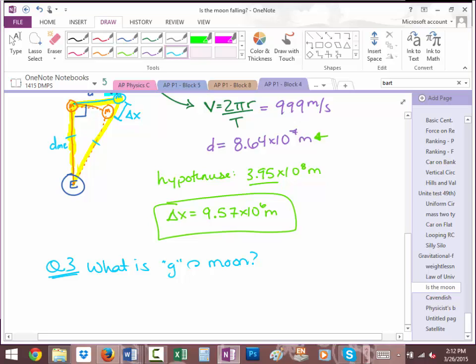So now you know how far it's falling and you know how long, right? Because it's going to fall that far in 24 hours. I want to know what a is. Do it. I believe in you. I think you can.